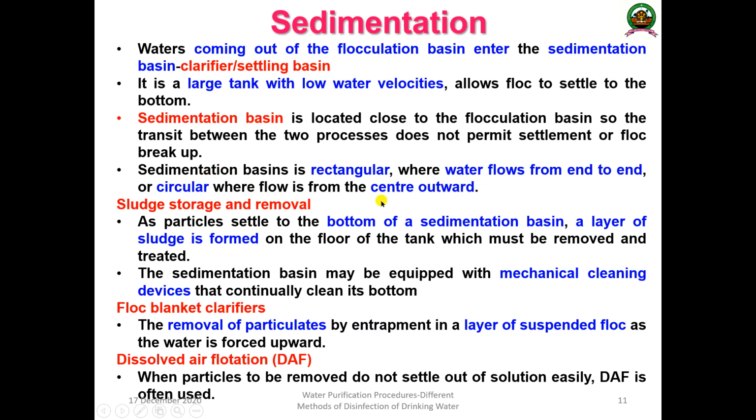Then finally you will be getting a lot of sludge, and how do we store and remove the sludge? As particles settle at the bottom, especially the flocs, a layer of sludge is formed at the bottom of the sedimentation basin.